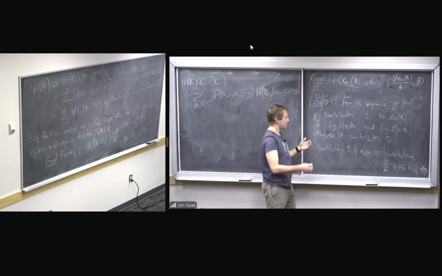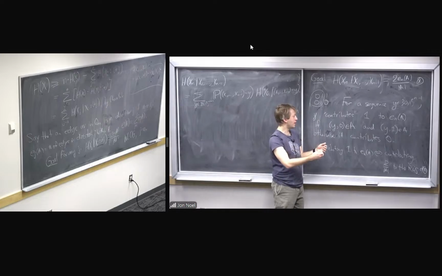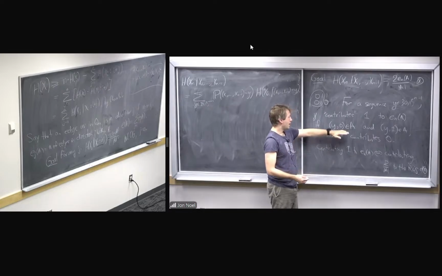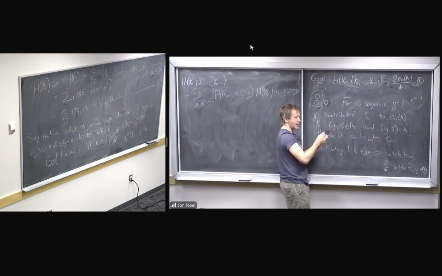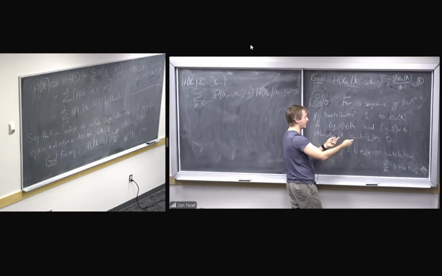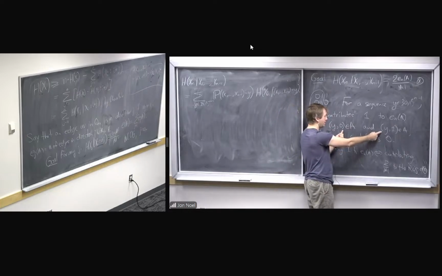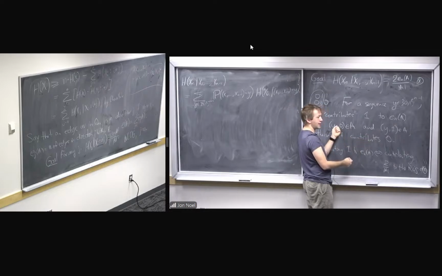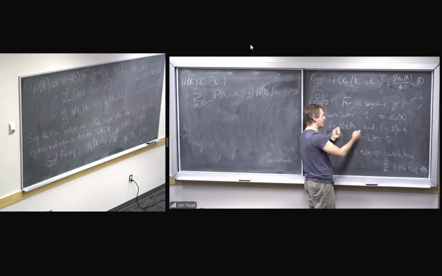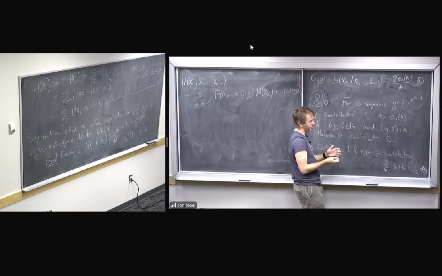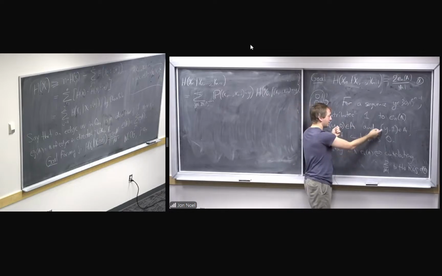Take a sequence y of length n minus 1. If I add a 0 to the end or a 1 to the end, either neither of them are in A, or one of them is in A and the other isn't, or they both are. There are kind of 4 cases, but two of them are the same.